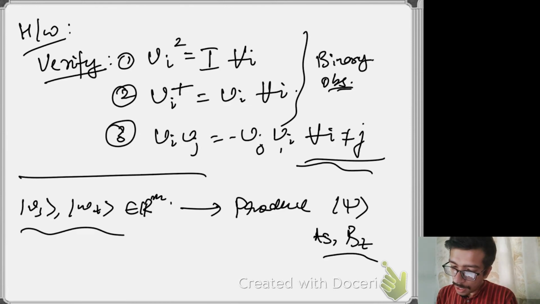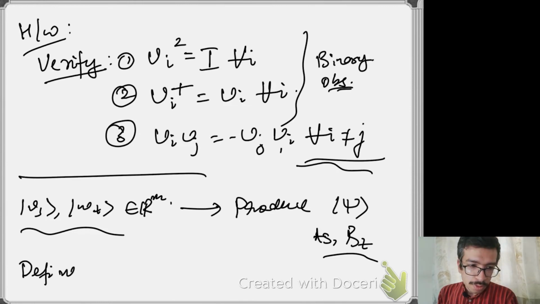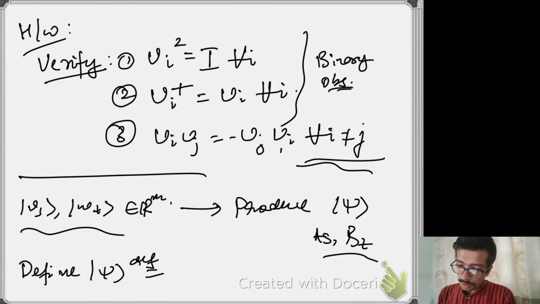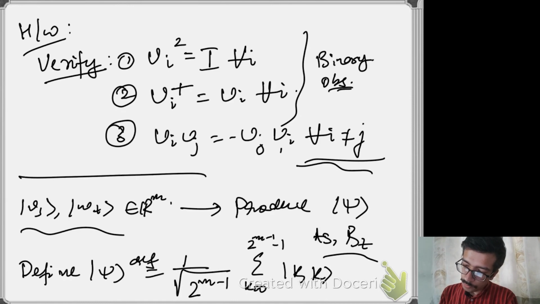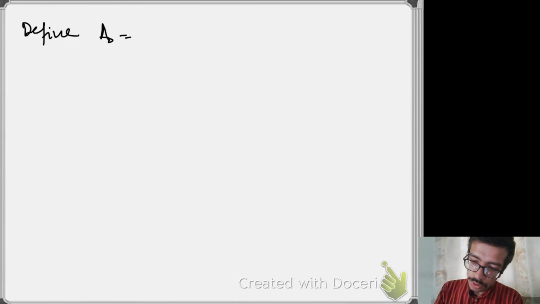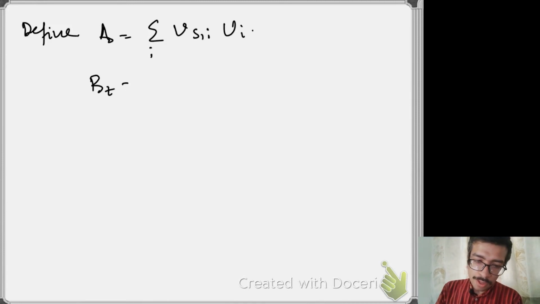So I define psi as the maximally entangled state on these m minus 1 qubits. I define As to be the sum over i of Vsi ui, and I also define Bt to be the sum over i of Wti ui.